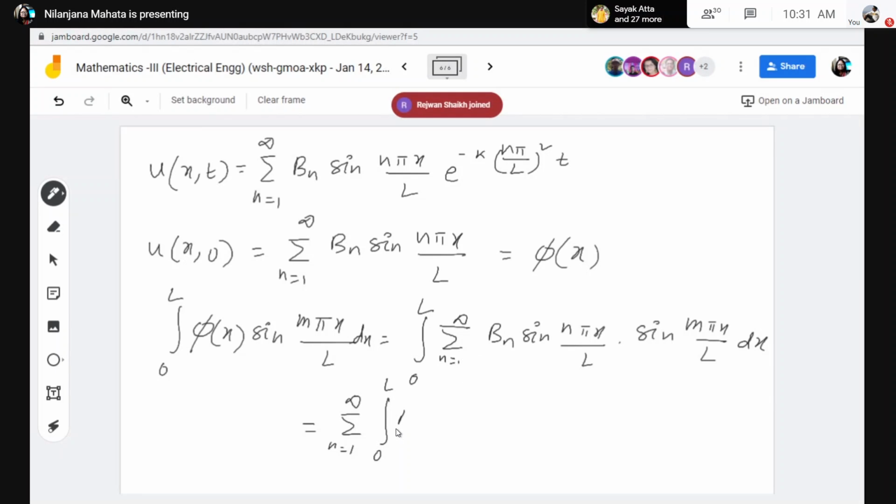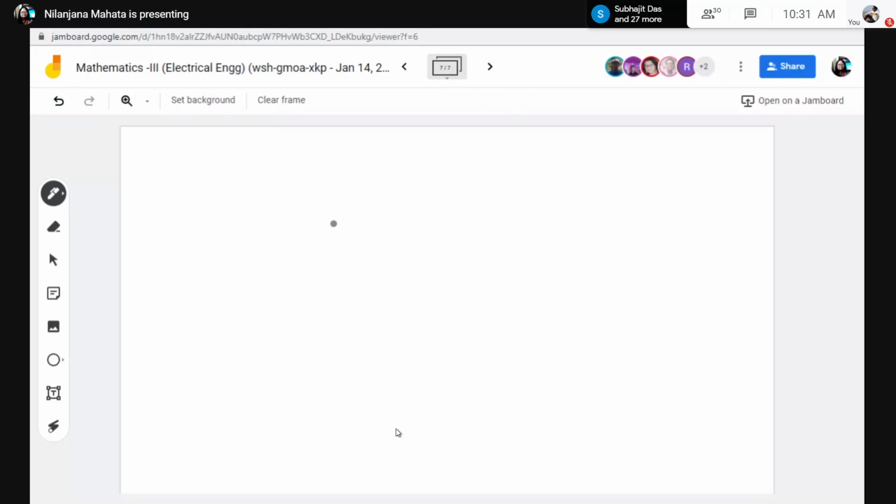So we get the sum of b_n times the integral of sine n pi x by L sine m pi x by L from 0 to L, and I will use a property here. Probably you remember or not, I don't know.